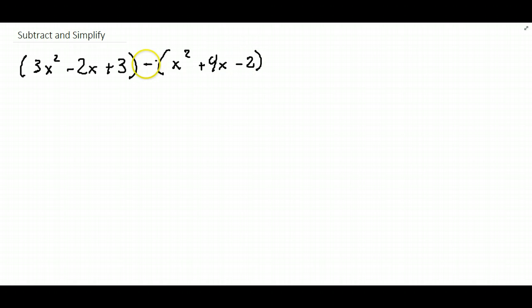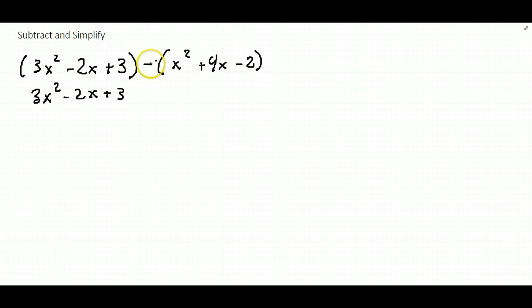So this is the first polynomial subtracting that whole second one. So the first thing we need to do is distribute this negative sign to everything inside the second set of parentheses. So what we end up with is 3x squared minus 2x plus 3, taking it out of the parentheses, and distributing that minus sign to everything.